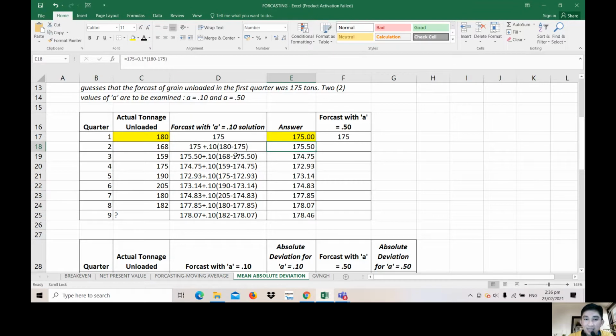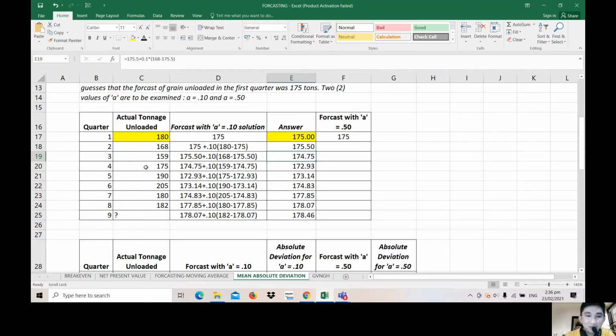Therefore, 168 less 175.50, then multiply by 0.10, which is the exponential smoothing value, and add it to 175.50. So our forecast units now are 174.75. But the actual tonnage unloaded is only 159, so our forecast was too high.